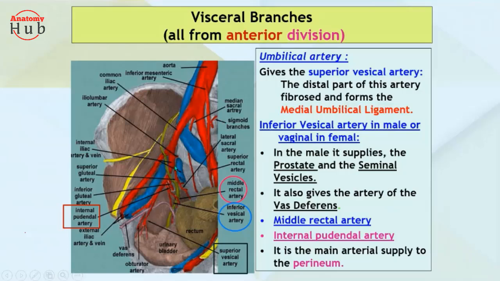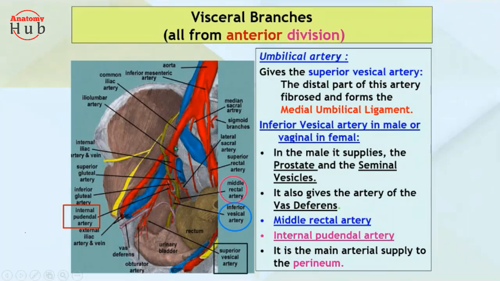So here these branches are also going towards the rectum, because the rectum is supplied from your inferior mesenteric artery. From the inferior mesenteric artery, one branch is coming to the rectum as the superior rectal artery.